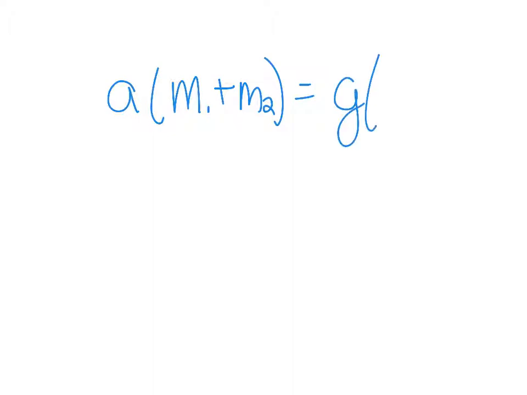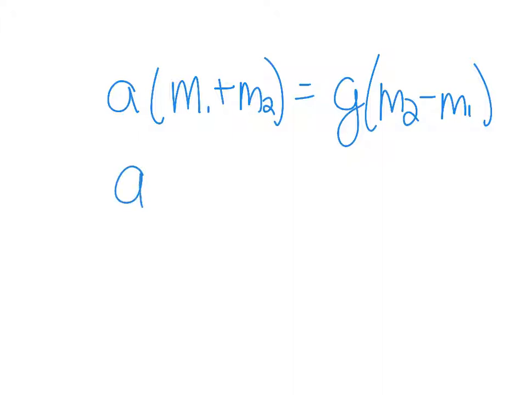So now on my other side, let's solve for A. So I have A times m1 plus m2 equals g times m2 minus m1. So I'm taking out the g from my right side, taking out the a from my other side.